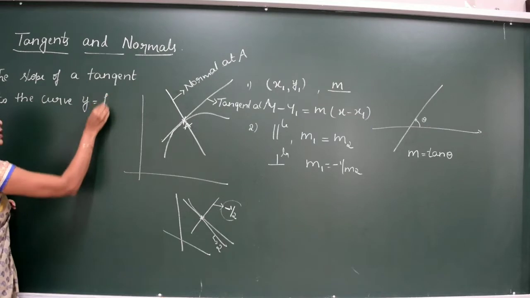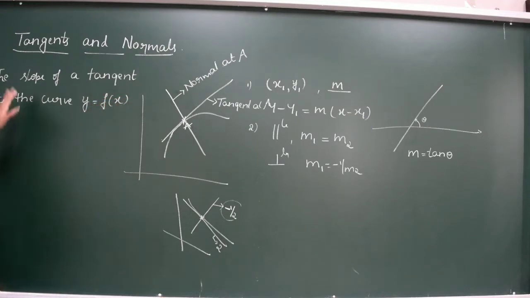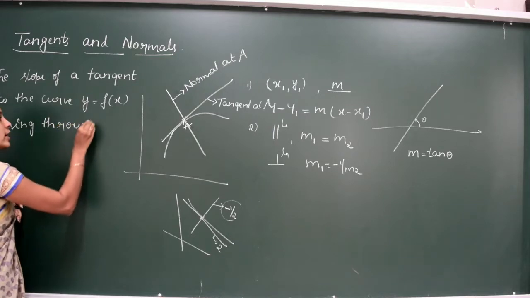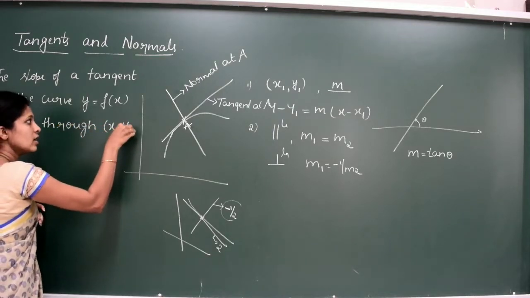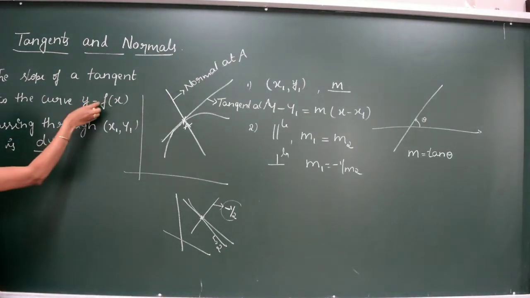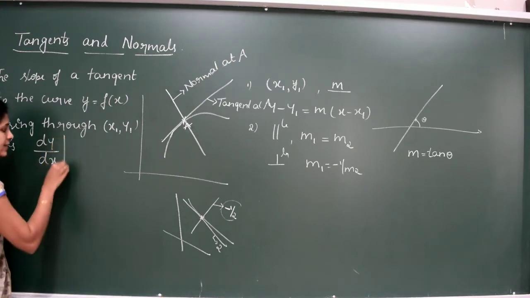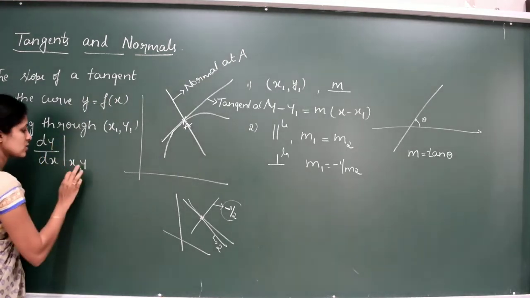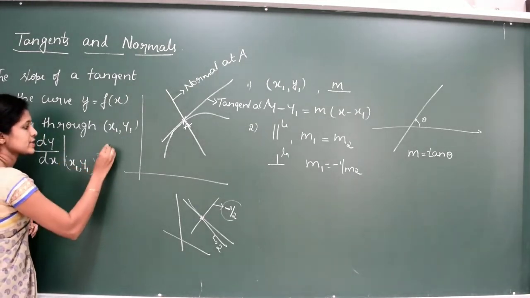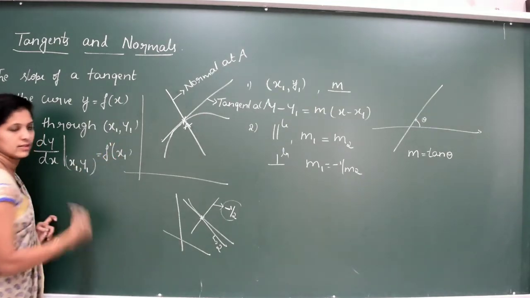The slope of a tangent to the curve y is equal to f of x, where the tangent passes through the point x1, y1, is given by the derivative of the function, dy by dx at the point x1, y1, and this is also represented by f dash of x1. Is it clear?